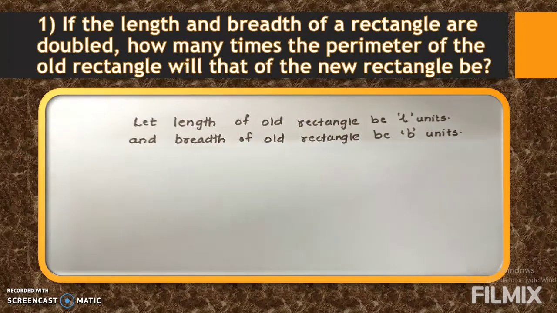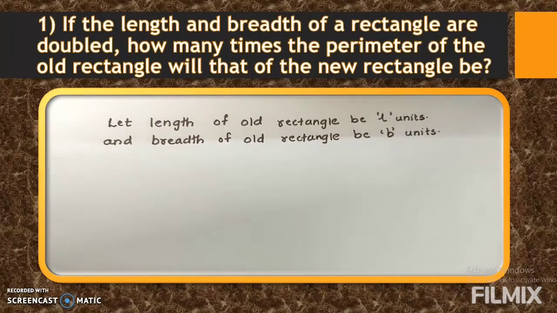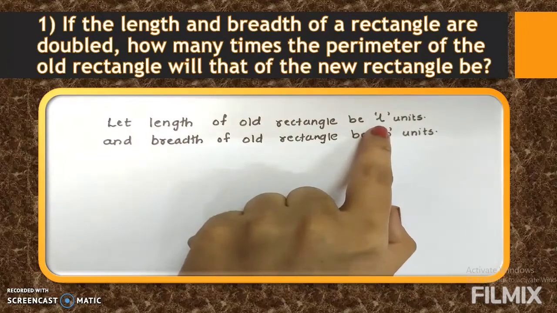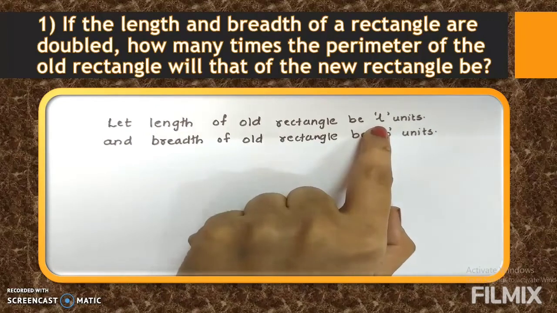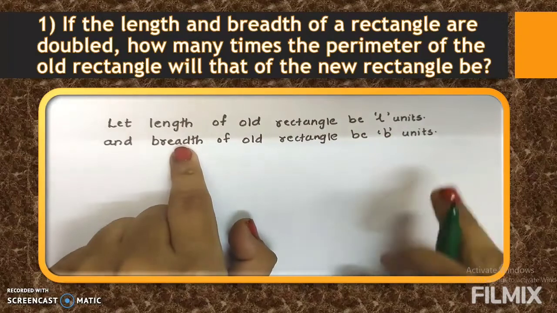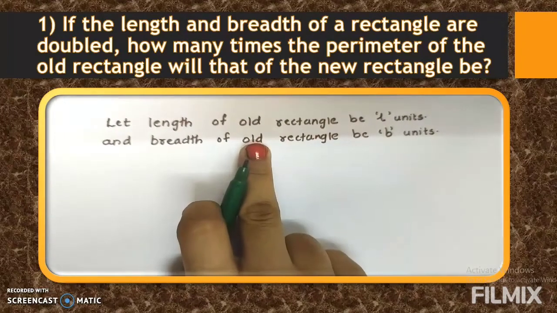Now they are asking that we have to double the length and breadth of the rectangle. So when we will double the length of rectangle, so now old one's rectangle is L. If we will double it, so it will become 2L. If we will double the breadth, then it will become 2B. So this we wrote about the old rectangle.